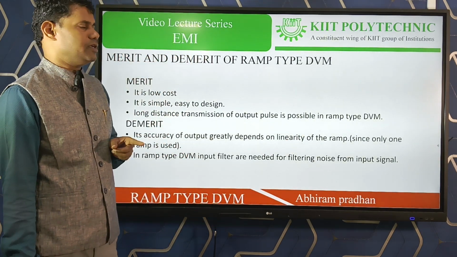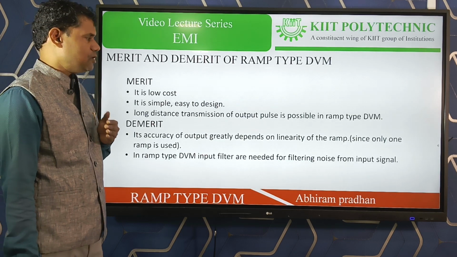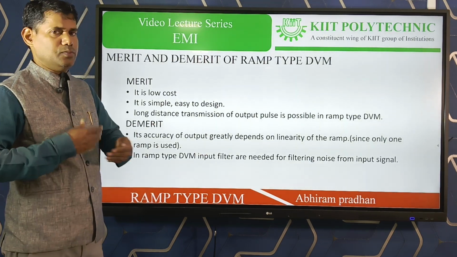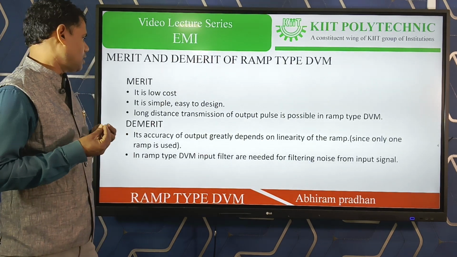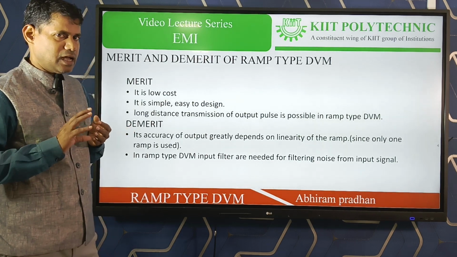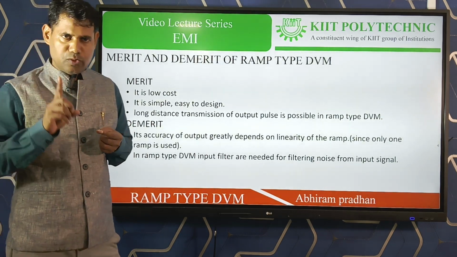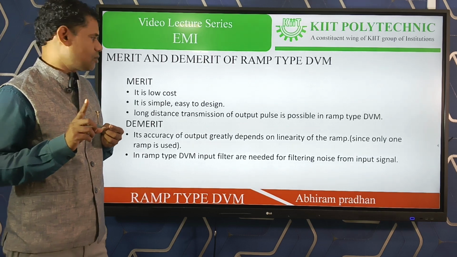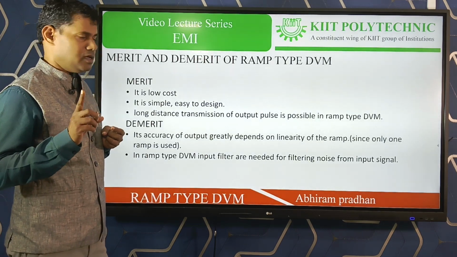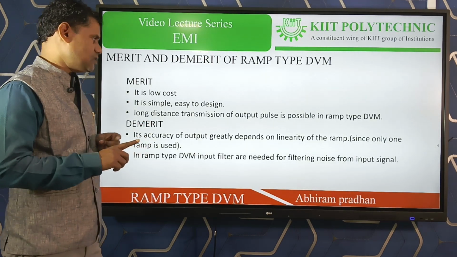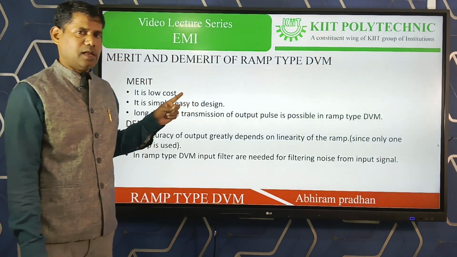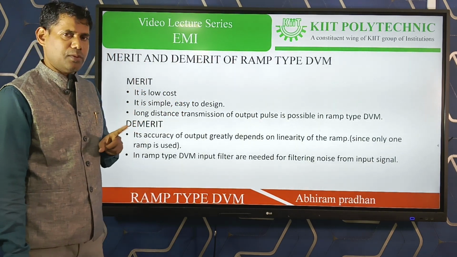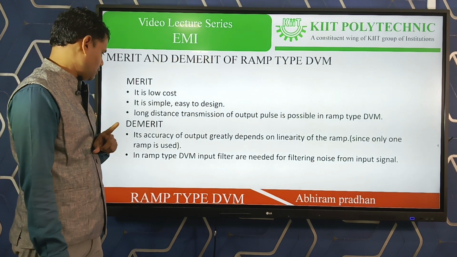Here only a ramp generator we are using, and the ramp generator is somehow able to give only a very poor generation capacity and accuracy. Ramp generator का जो accuracy है वो बहुत low efficiency है. इसी वजह से ramp type DVM का भी accuracy खराब होता है.